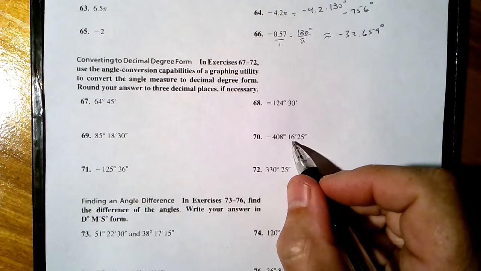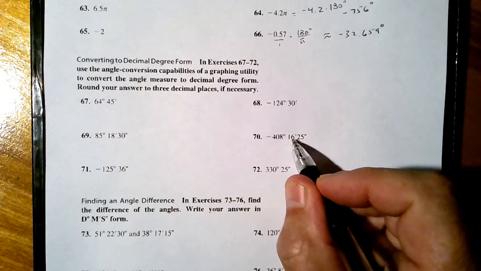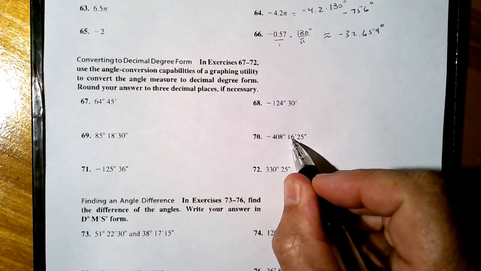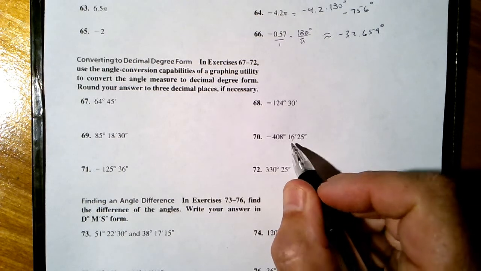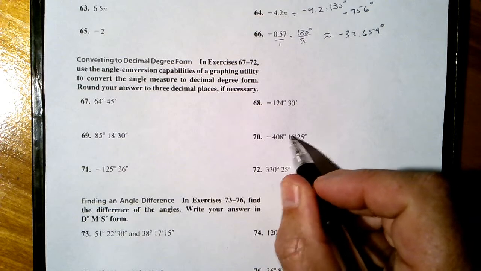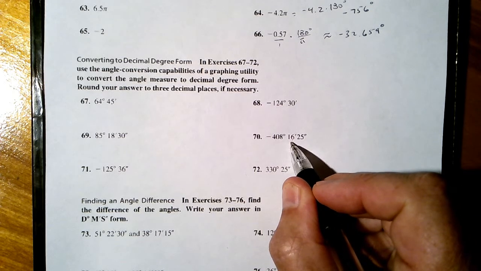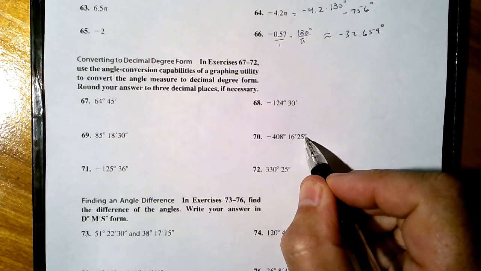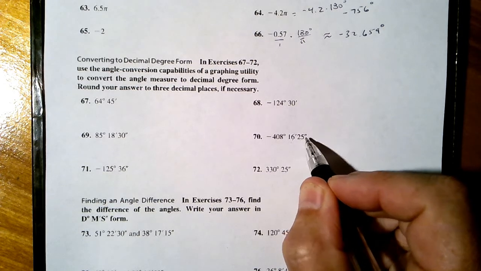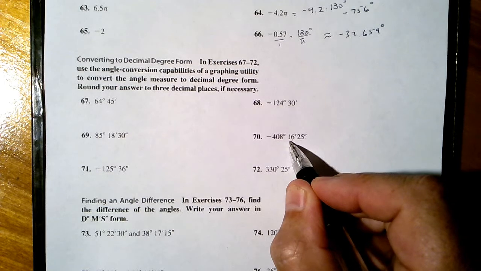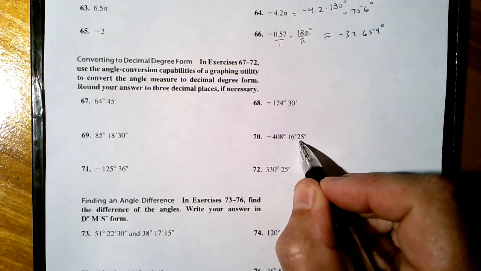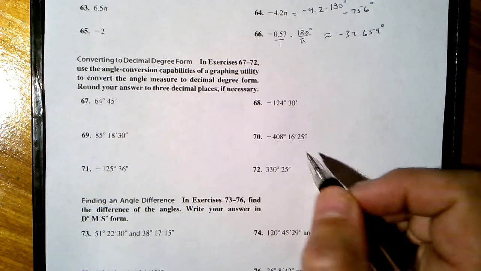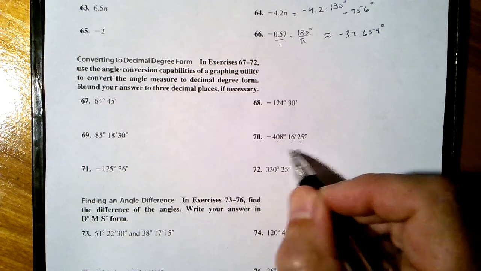But 16 minutes is 16/60ths of an hour. Therefore, 16 minutes in angle measure is 16/60ths of a degree. 25 seconds is 25/60ths of a minute, or 25 sixtieths of sixtieths of a degree, or 25 on 3600.